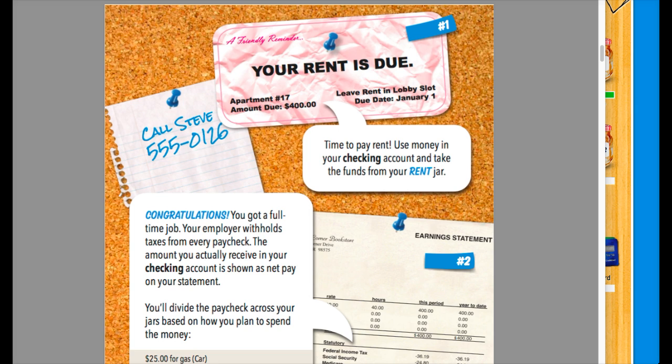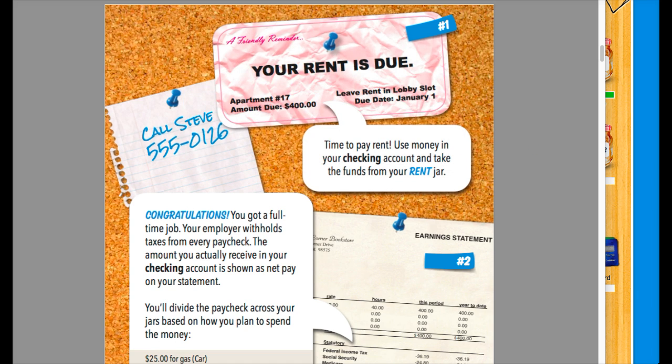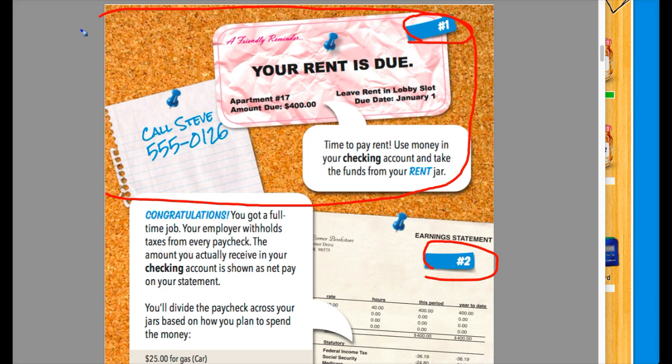So what we have here is our scenario number listed up top. That's scenario 1, here's scenario 2. Just so you know, this information right here is for scenario 1.